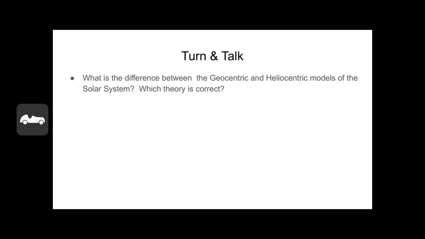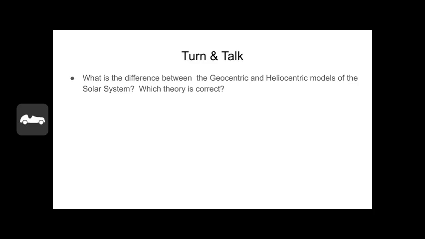I want you all to prioritize the following root words to assist you in your comprehension of geocentric and heliocentrism. Geo, which is the root word for geocentric, means study of the earth. Helio, from the word heliocentrism, is from the Greek word helios, which means sun.